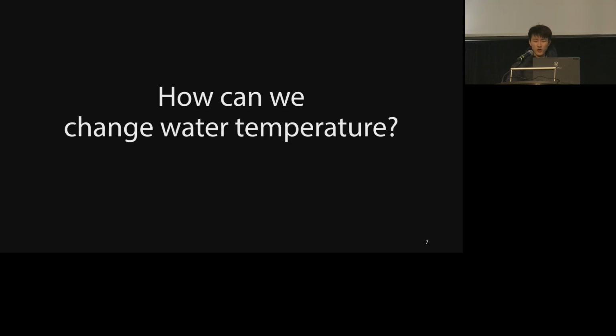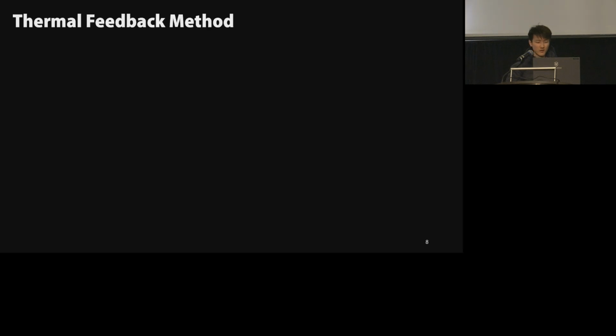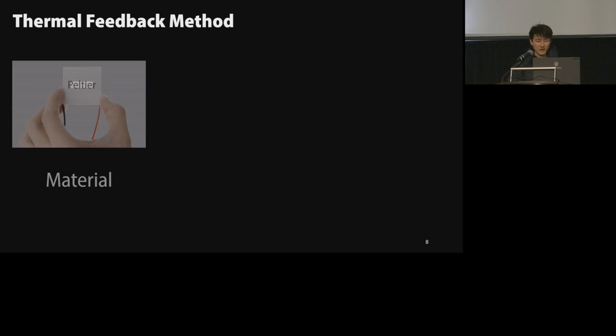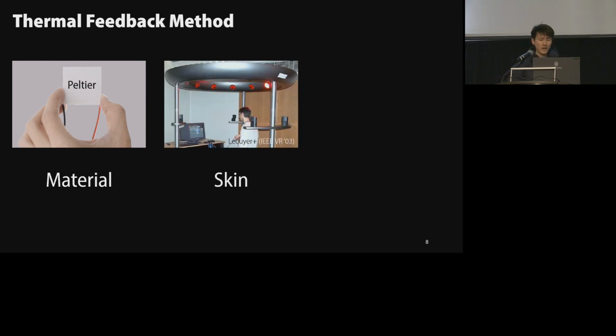How can we change water temperature? There are three main modes in thermal feedback. The first is simply changing the temperature of the material you're touching, like Peltier, amazing work. You can also directly warm up the skin using infrared, like an electric stove.